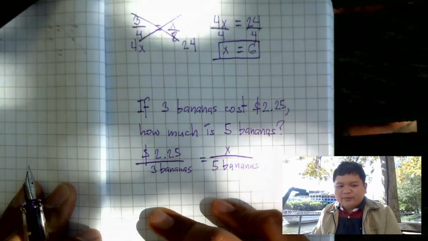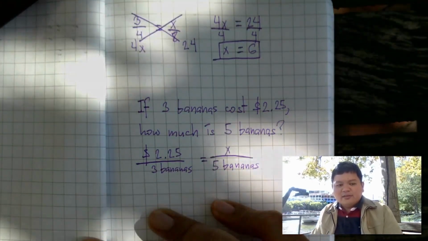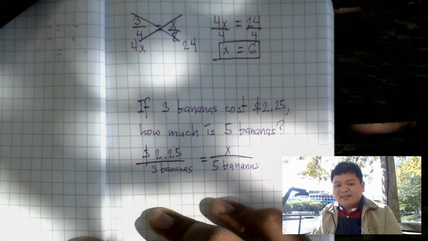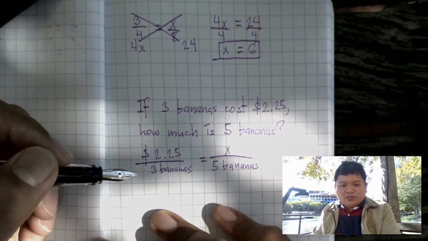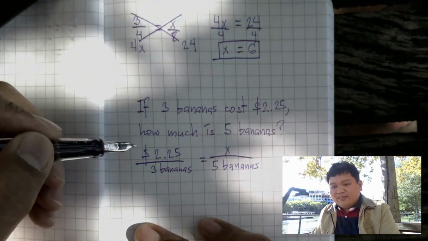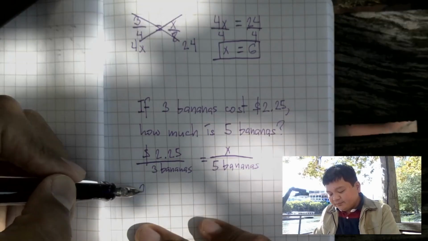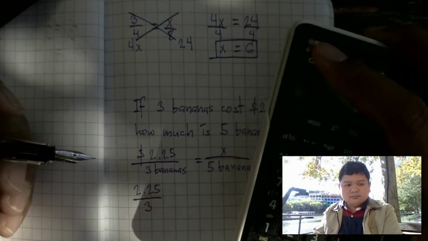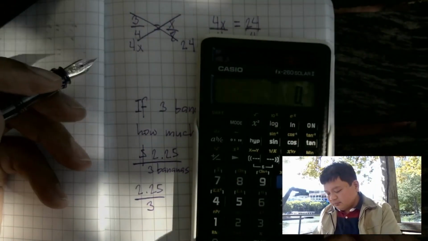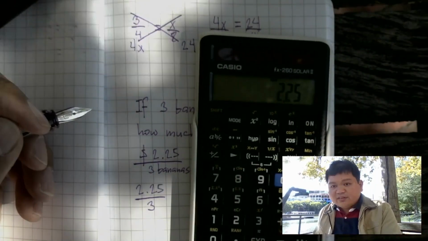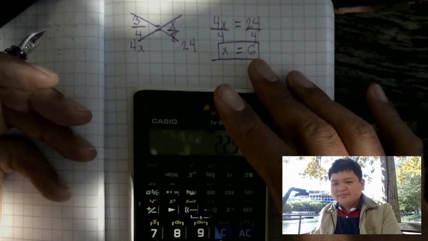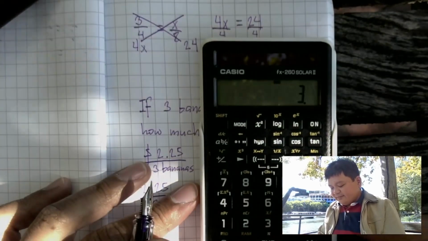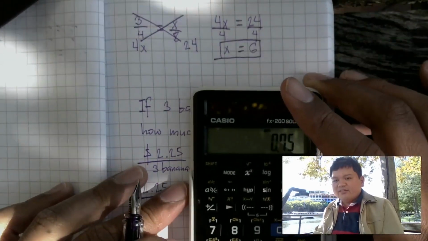Back in section 1.1, we saw that you can answer this question by getting the unit rate first, then multiplying by the number of bananas required. So the unit rate is 225 divided by 3. Let's use a calculator. 225 divided by 3, which gives me 0.75.